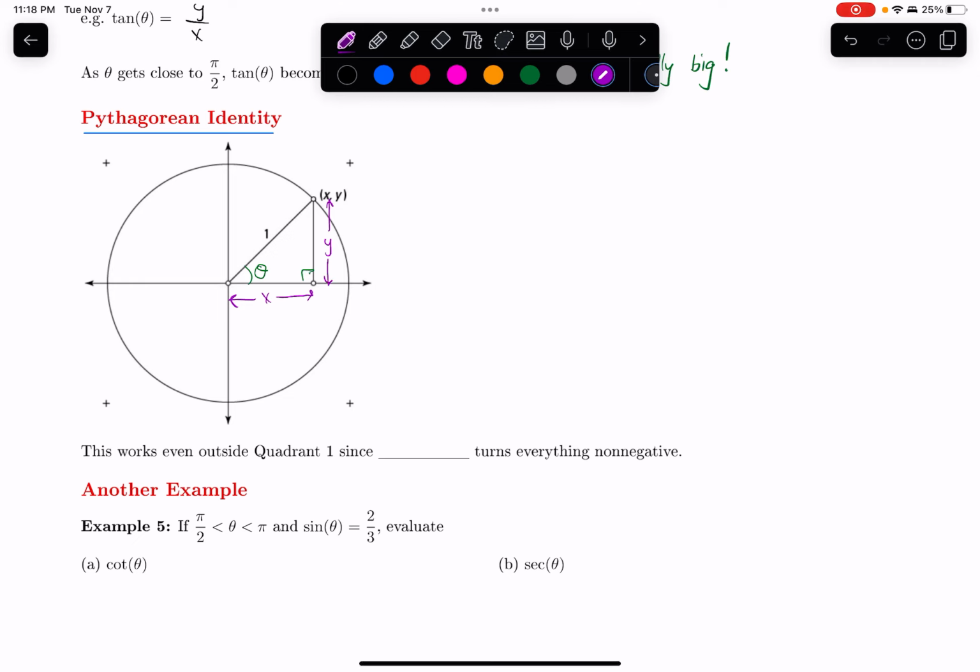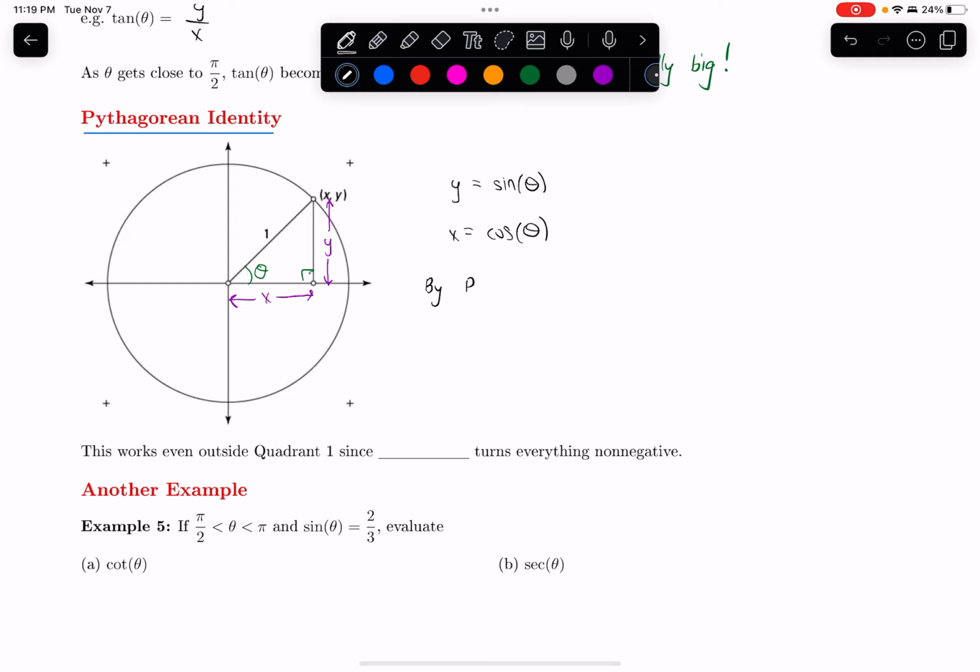Let's say what y and x are using our trig functions. I know that the y coordinate is sine of theta, and that the x coordinate is cosine of theta. Those are just the definitions of sine and cosine. Now, because this is a right triangle, let's use the Pythagorean theorem.